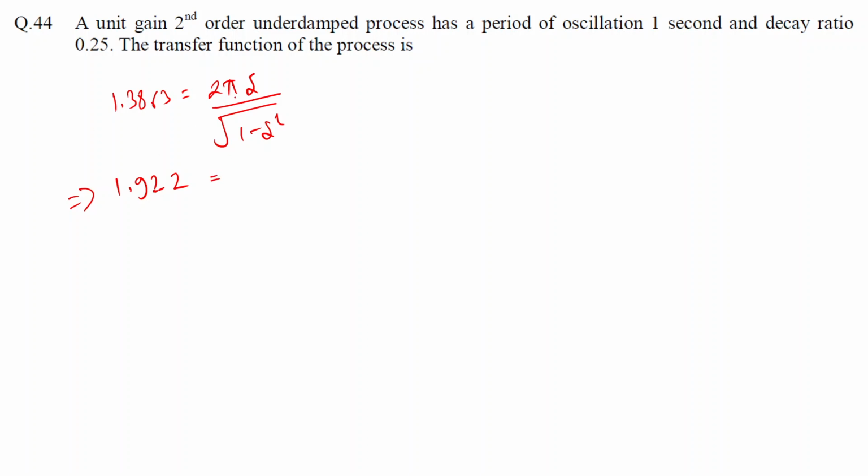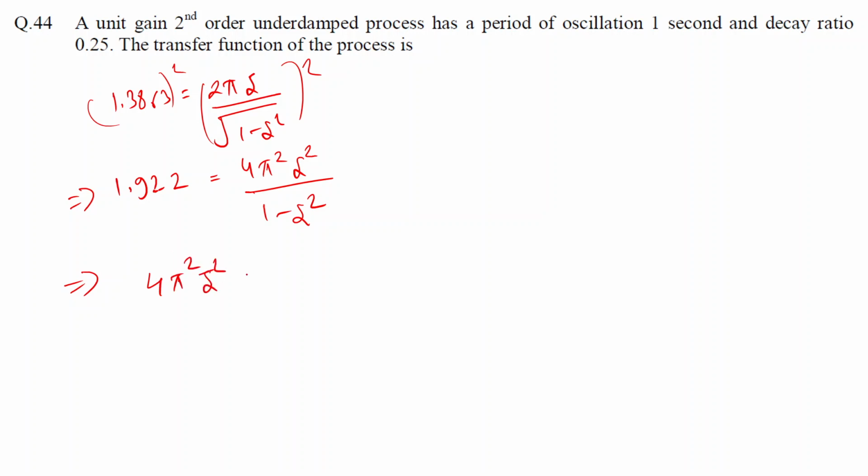Taking the square of this, it becomes 4 pi square zeta square upon 1 minus zeta square, equal to 1.922. From here, 4 pi square zeta square is equal to 1.922 minus 1.922 zeta square, and on solving this we get the value of zeta as 0.2154.